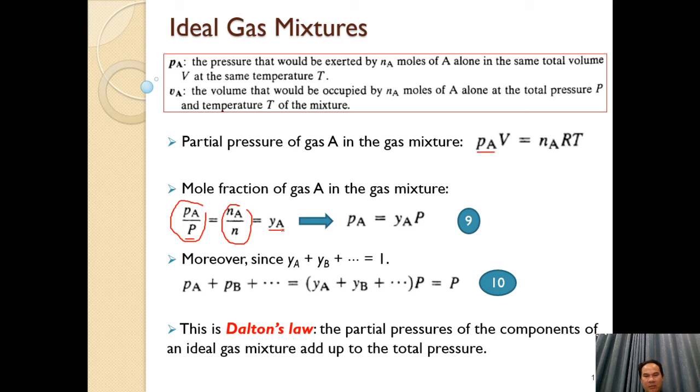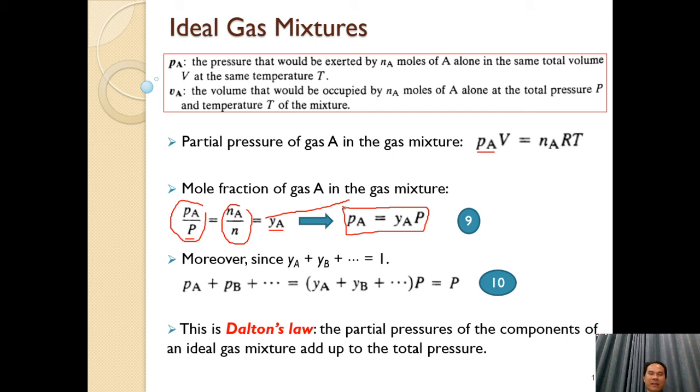So partial pressure equals mole fraction of A multiplied by total pressure. This is the formula for partial pressure related to mole fraction.